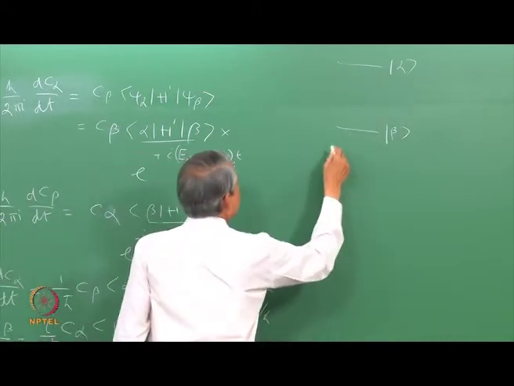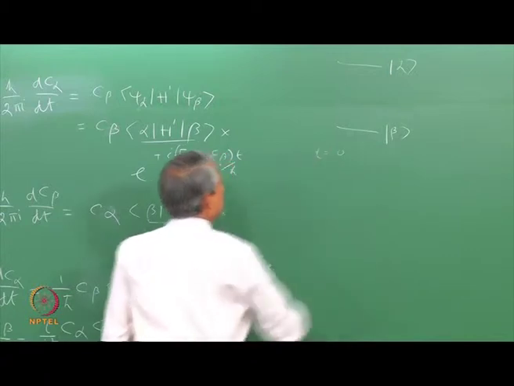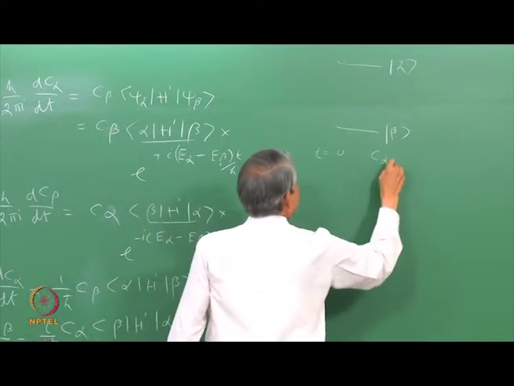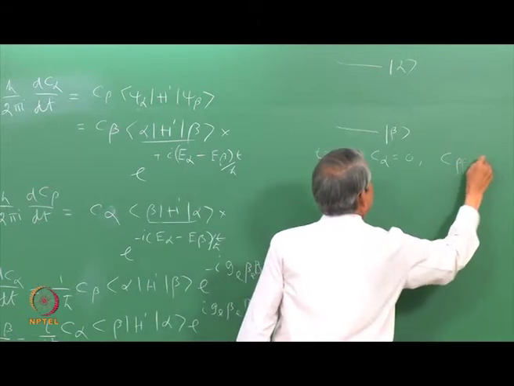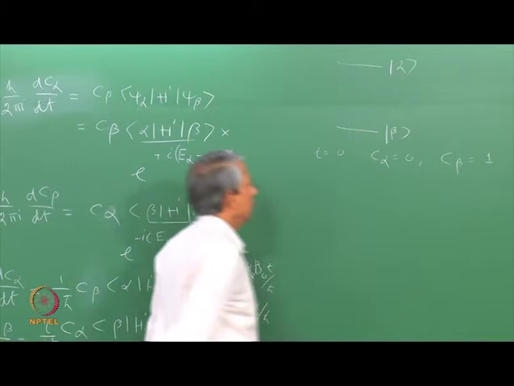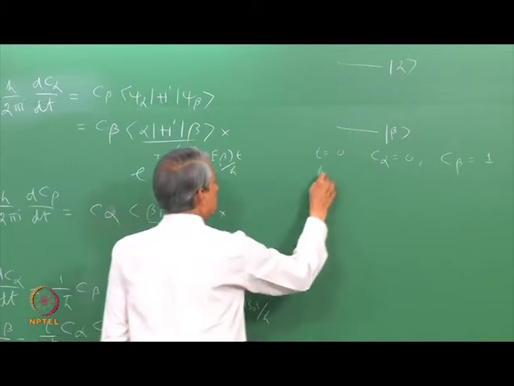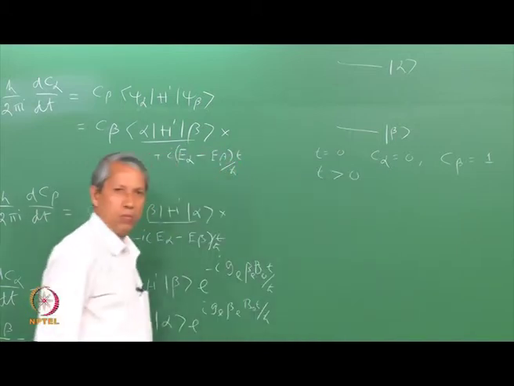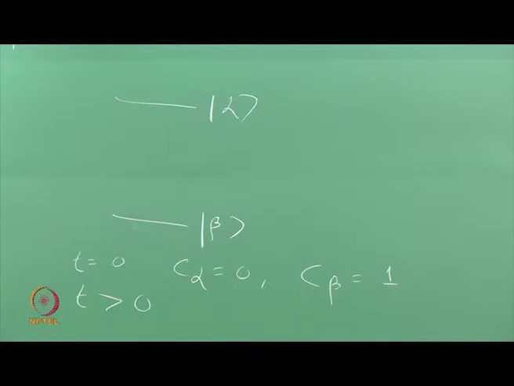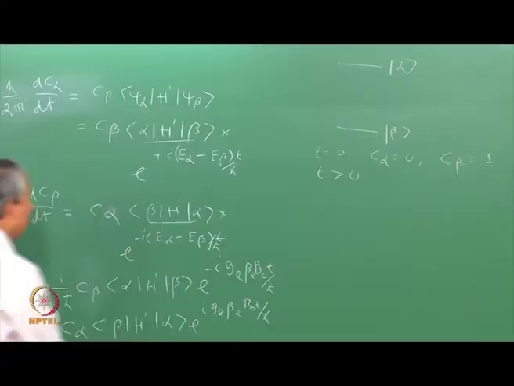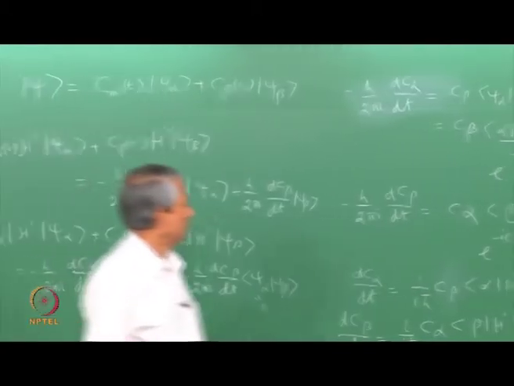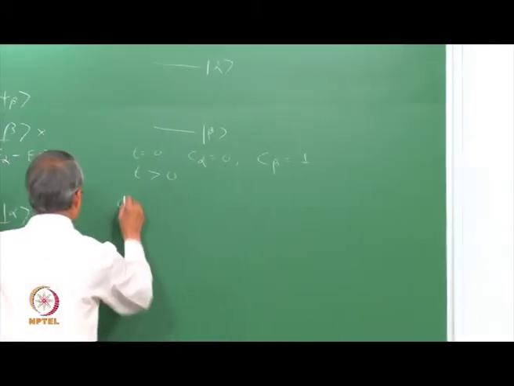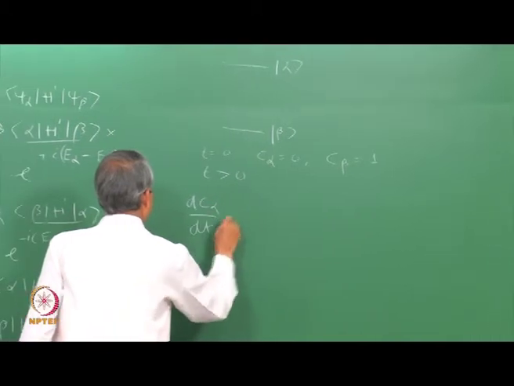So, at t equal to 0, the initial condition was that C alpha was 0 and C beta equal to 1. And then what happens when t is greater than 0? With this initial condition, let us try to find the value of C alpha. So, then we can get d C alpha by dt.